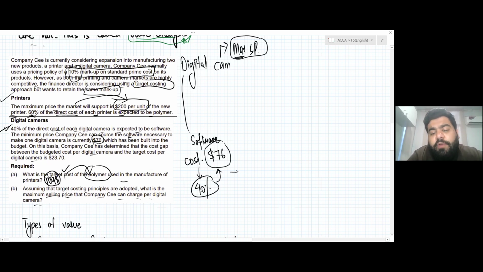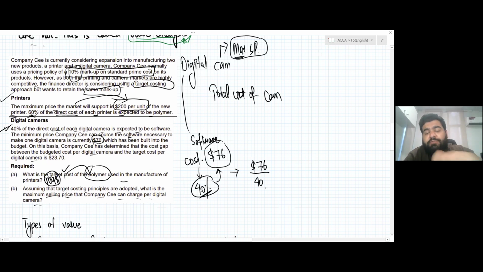Now this 40% of the cost is 76. From there, we can calculate the total cost of the camera. How? Because it's the 40%, if we take its 100%, it will be the digital camera cost. Simple: 76 divided by 40, because its own percentage was 40, as I told you in the printer. Divide the value by its relevant percentage, multiply by where you have to go.